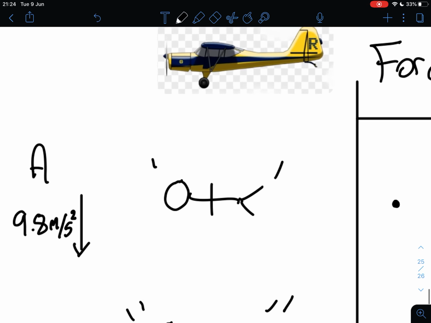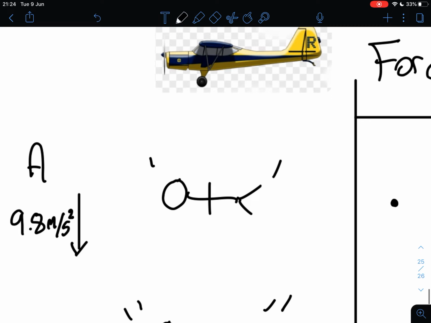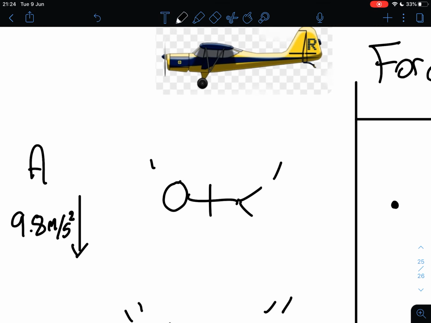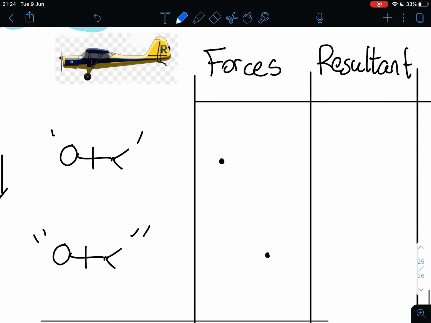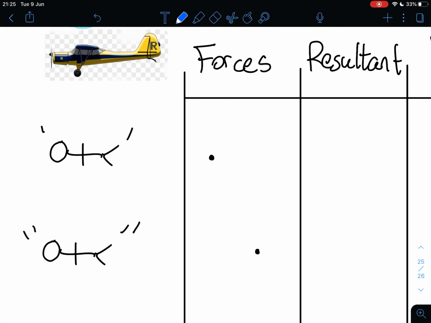You make your jump, you decide to go. At that first millisecond that you jump, there is one primary big force acting on you. Now I'm going to draw my forces over here, and I've already drawn a dot. I'm going to draw the force, and that force is weight. I've drawn the dots not in the same line because sometimes my arrows will crash. So acting downwards, we will have weight. Straight away I can cheat, because your weight during the fall is not going to change.